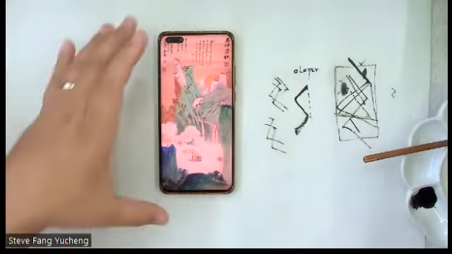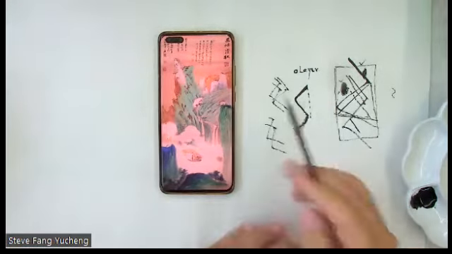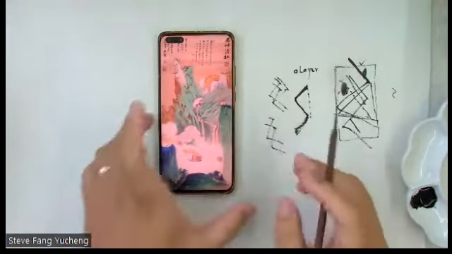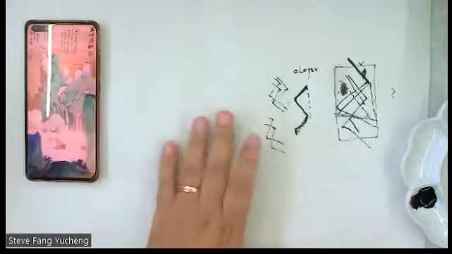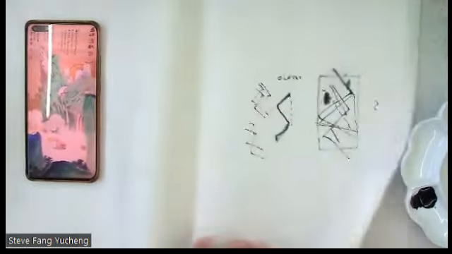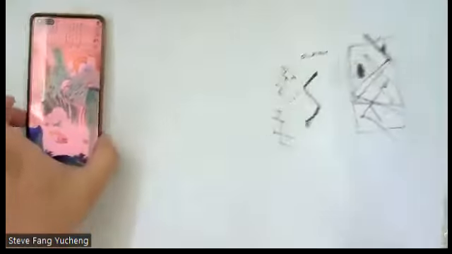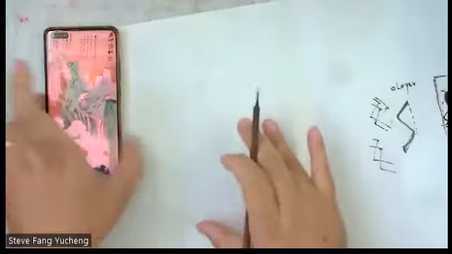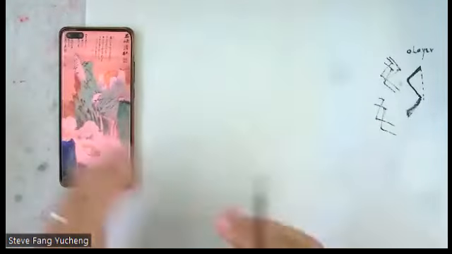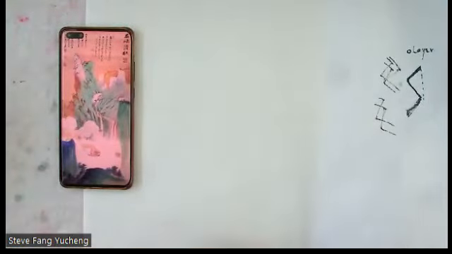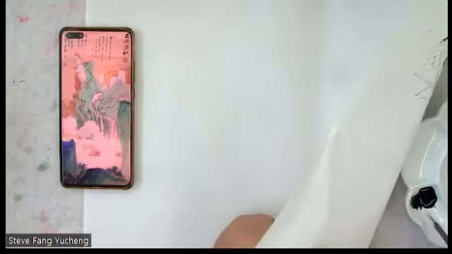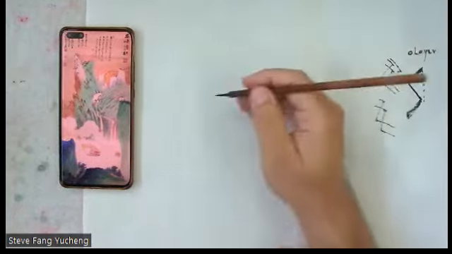Okay, all right. So that was the composition part. On the technique part, we will just do some very simple mountains here for the steps, and then we go through a final painting together, with the gold color.